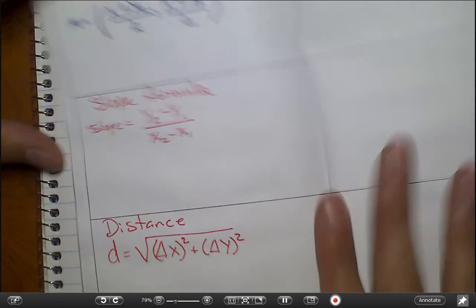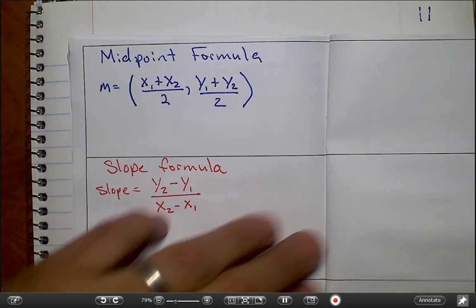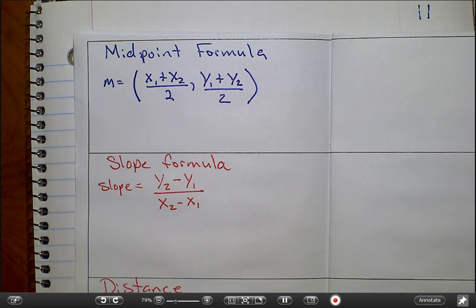We need some formulas in my handy dandy notebook. These formulas were not in your handy dandy notebook in the first place, so that's why you have those extra spaces to put these formulas in.